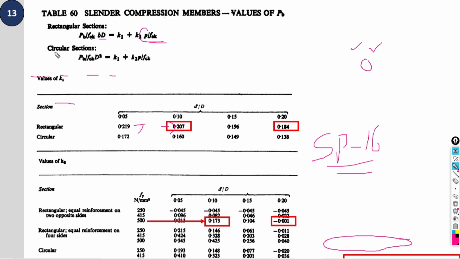For a circular section, a different formula is given. So basically we need to know the effective cover of the column divided by the overall depth. These things we need to have.